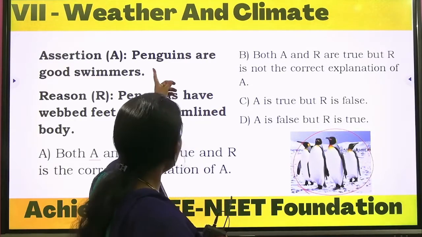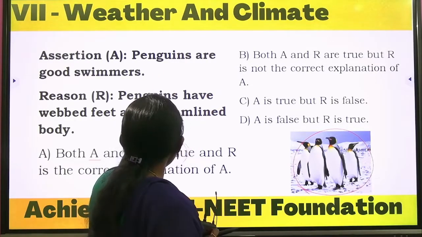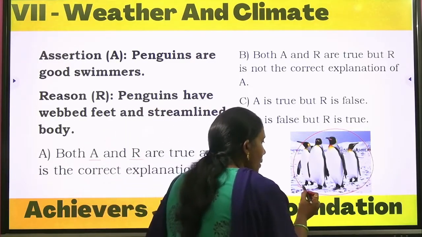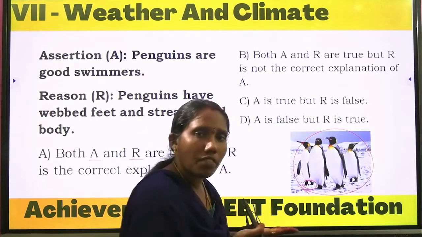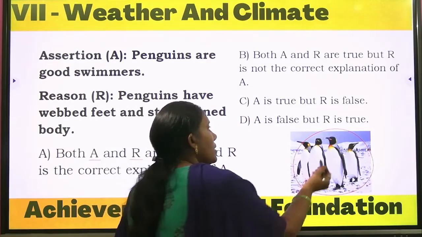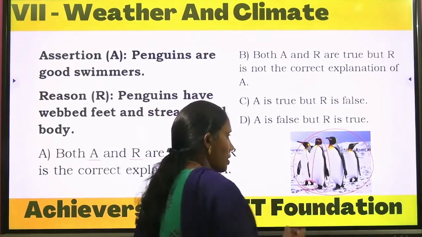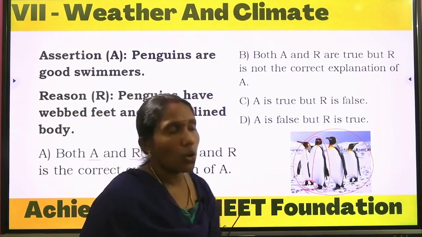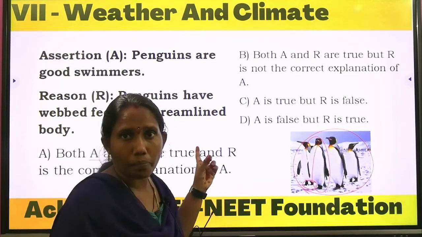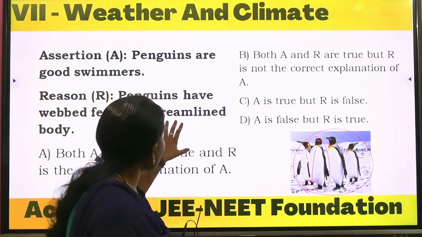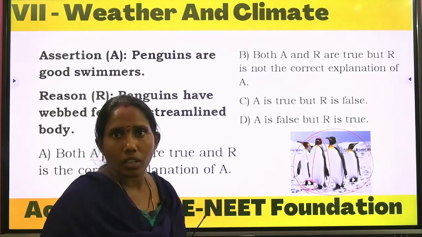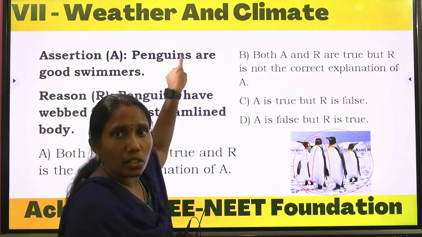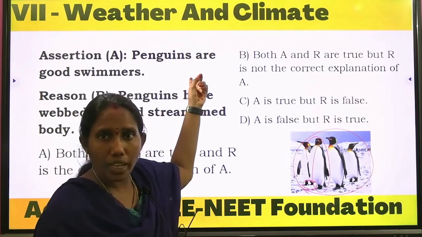So the assertion is true. The reason is that penguins have webbed feet and streamlined body. If you observe the penguins' feet, they have webbed feet and a streamlined body structure. Because of that, they are good swimmers. So R is also correct, and R is the correct explanation for A. That is what is given in the assertion.